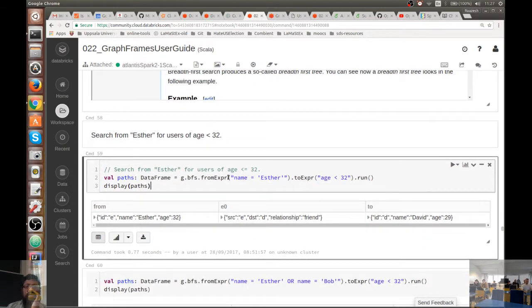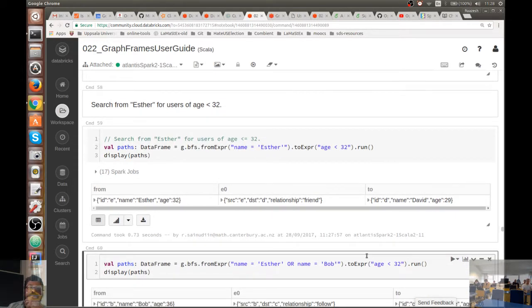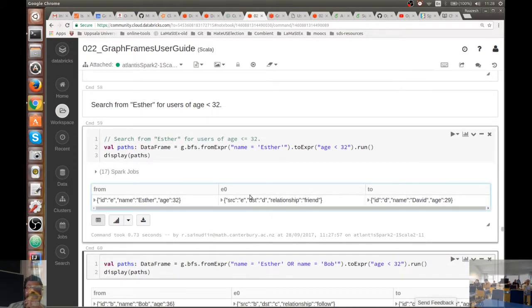I'm saying I want my from expression to be name equals Esther. So I want to start from a node whose name is Esther. And the to expression is I'm interested in going to all the vertices whose age is less than 32. Okay, so then I do the run, and I can get my from and to, and this is the edge.